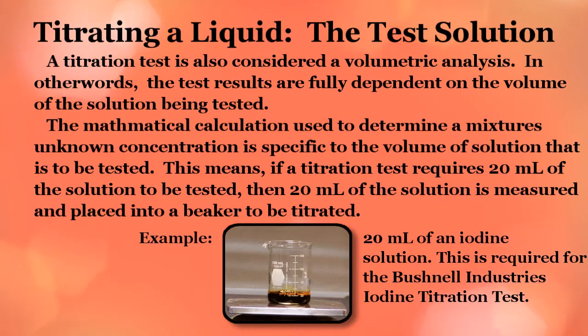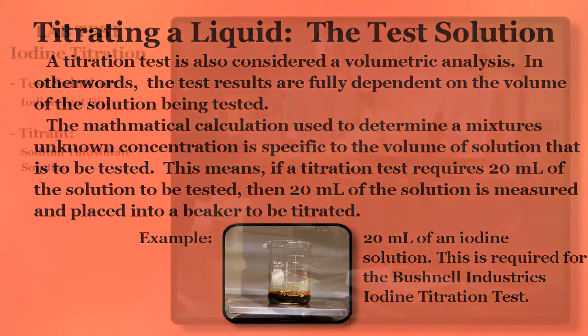This means, if a titration test requires 20 milliliters of the solution to be tested, then 20 milliliters of the solution is measured and placed into a beaker to be titrated. Below is an example of a 20 milliliter solution sample of iodine. This is required for a Bushnell Industries iodine titration test.